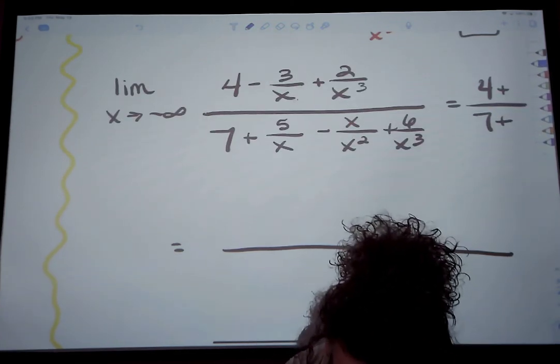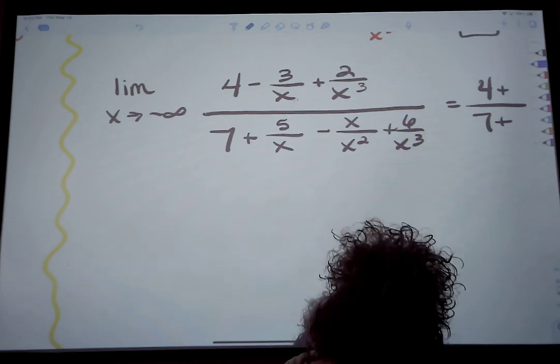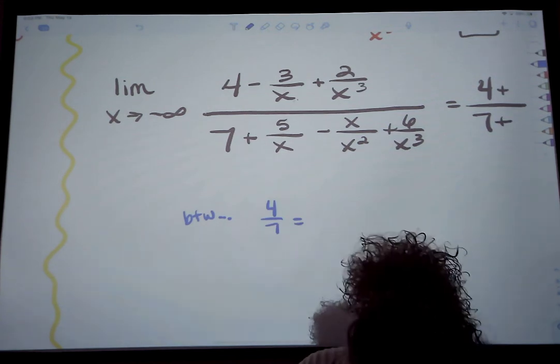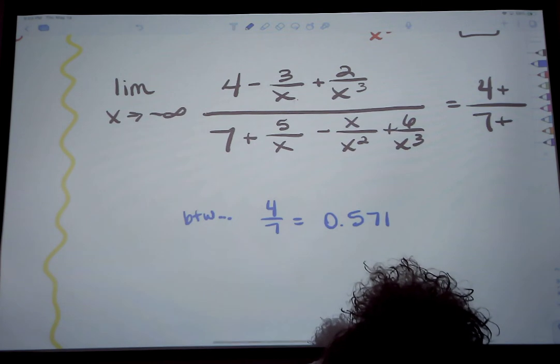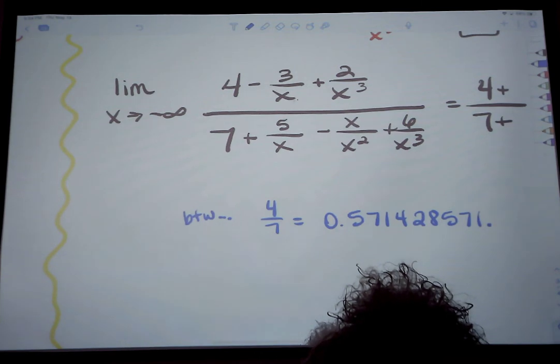One more thing before you shut me off. By the way, 4 divided by 7 is like 0.571428571 and so on.